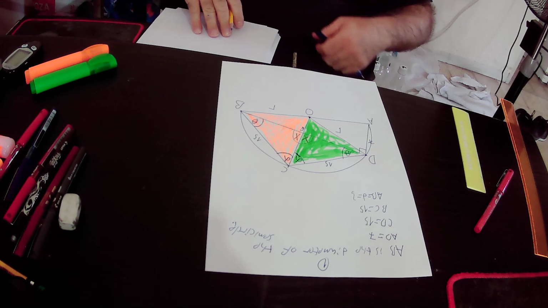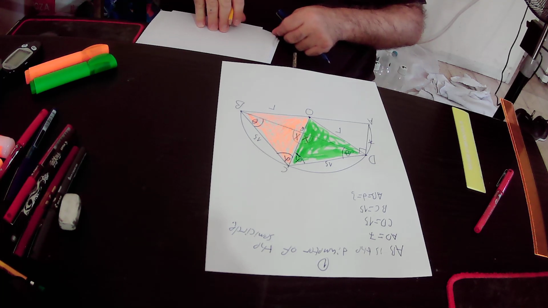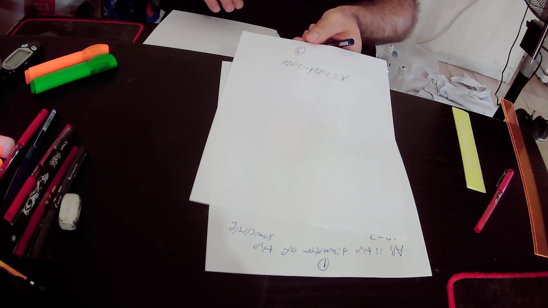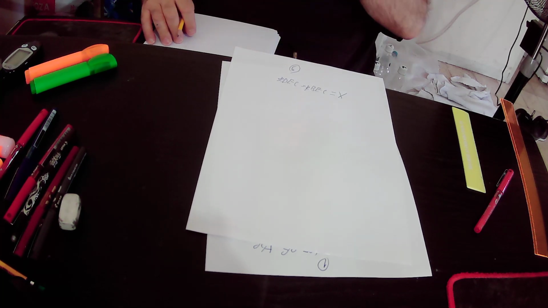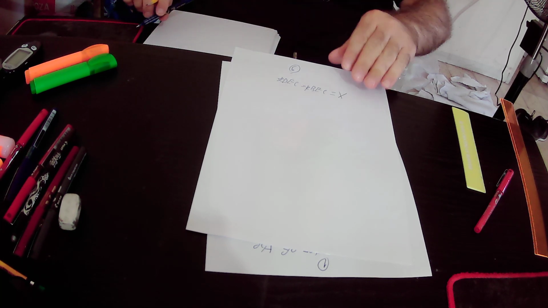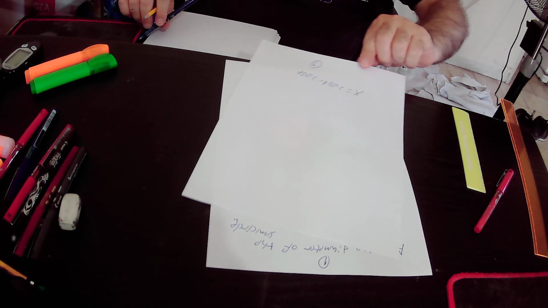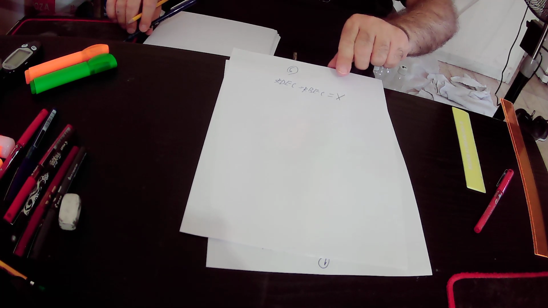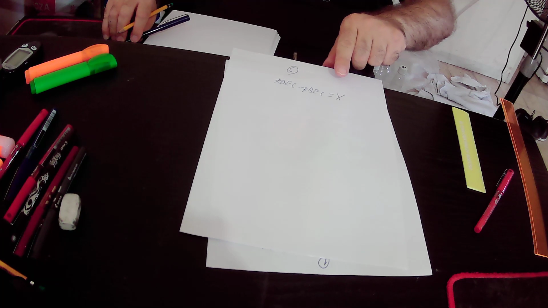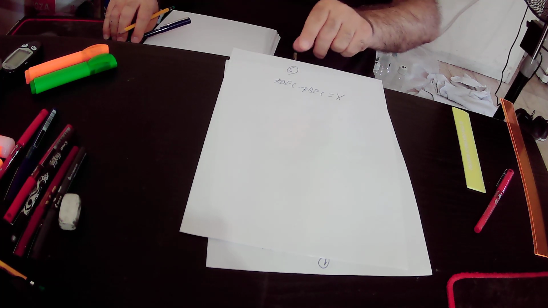Angle DEC of the green triangle is equal to angle EBC of the orange triangle, and both those angles are equal to x according to our definition.